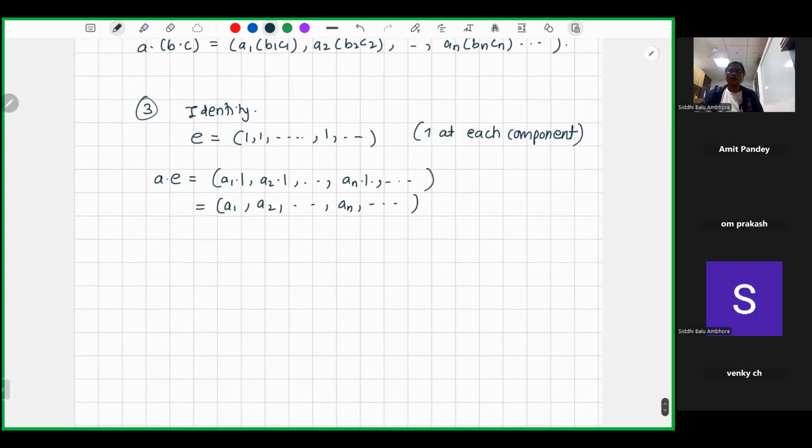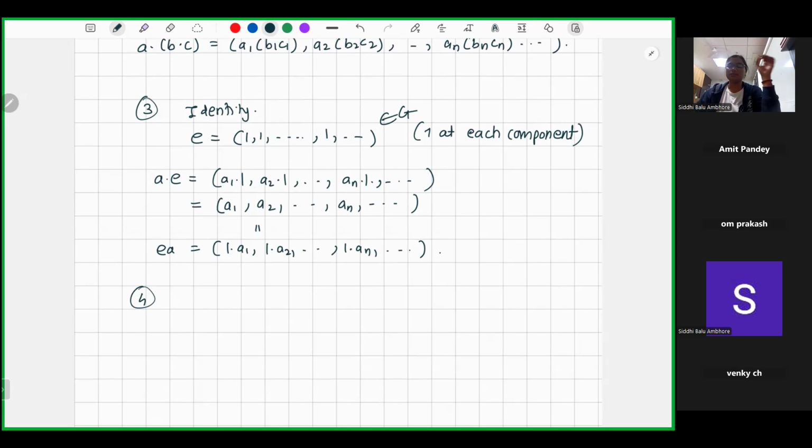So these two are equal. Okay, so this identity exists, and each component of this element E is 1, 1, 1, which is non-zero. So this belongs to my set G.